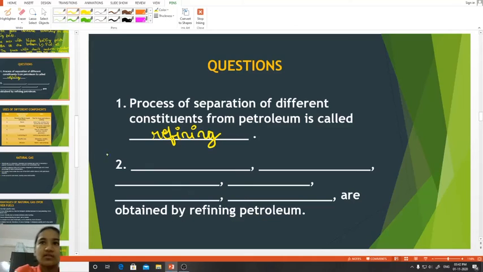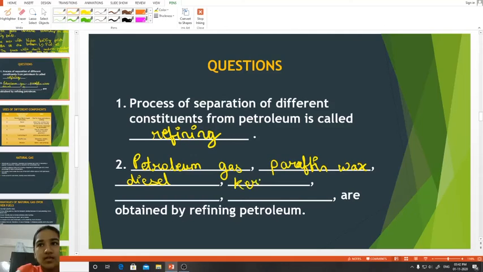You can list down products like petroleum gas, paraffin wax, diesel, kerosene, lubricating oil, bitumen, and fuel oil.